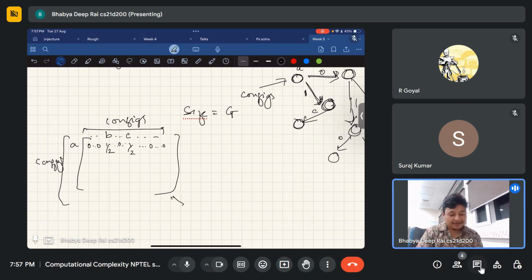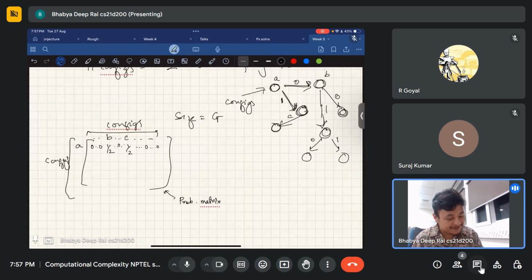So this is a probabilistic matrix, or what is also called a stochastic matrix, where the sum of the entries of each row is 1. This actually represents a probability. And similarly, I can make it for the others also.